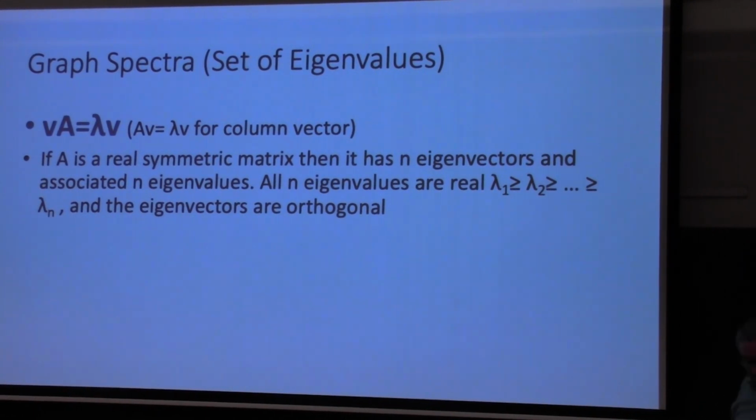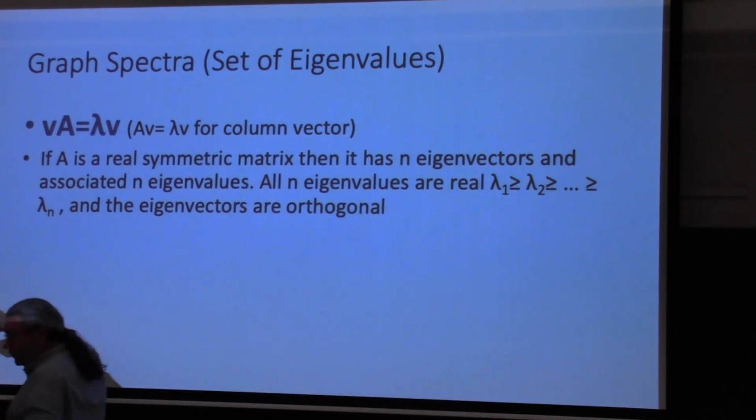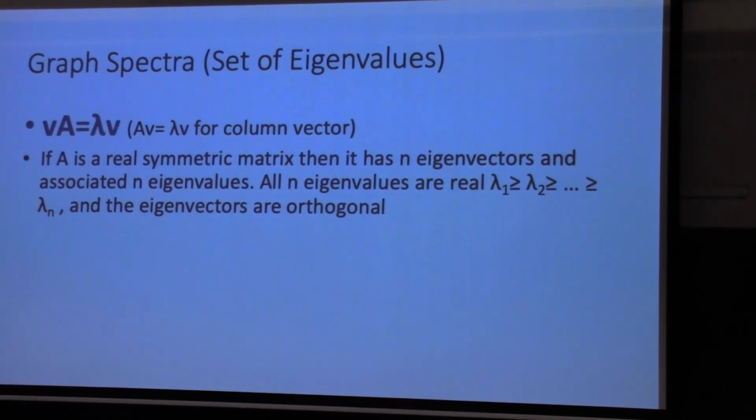Now, there's a concept called the spectrum of a graph. If we have a matrix A, the adjacency matrix that represents the graph, then V times A is equal to lambda times V. If it's a column vector, you can say AV is lambda V. Here we have row vectors. If A is a real symmetric matrix, as it is for non-directed graphs, then it has n eigenvectors and n eigenvalues.